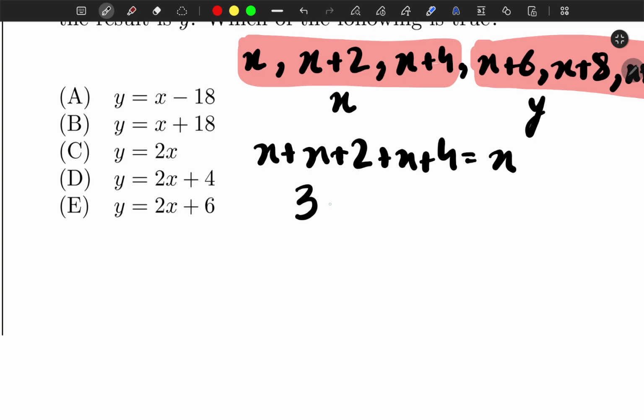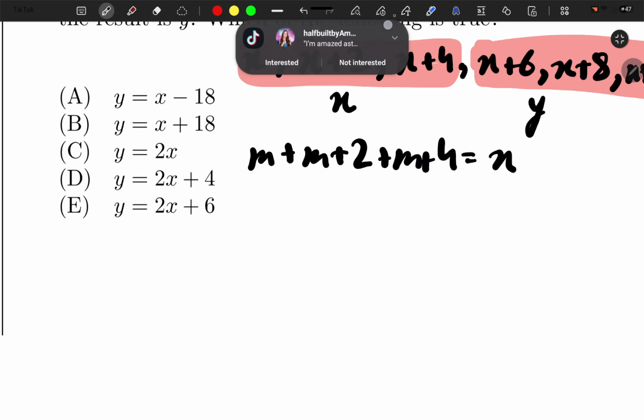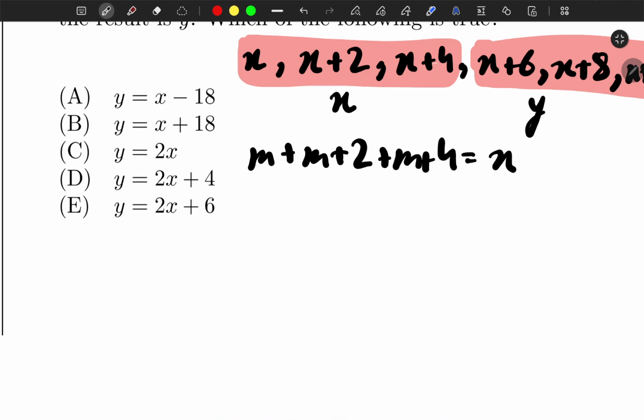I think we should choose a different number, so let's call our variable something else. We'll call our variable m. Our variable is going to be m now, so we'll just add it up. We'll have 3m plus 6 equals x. So that is what we have for this over here.